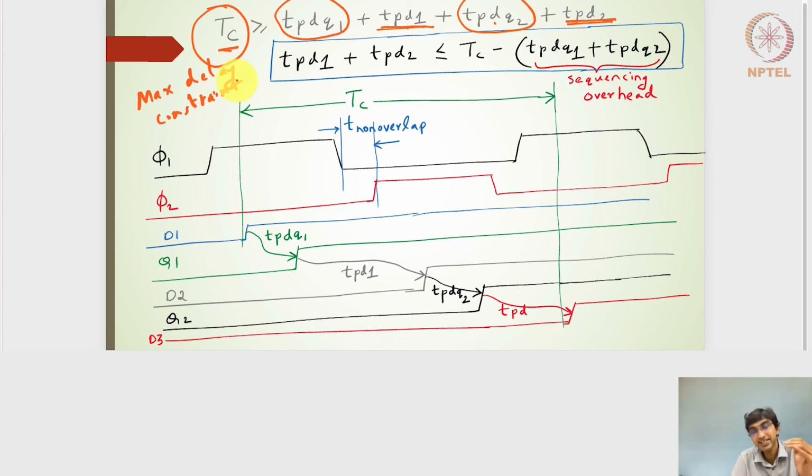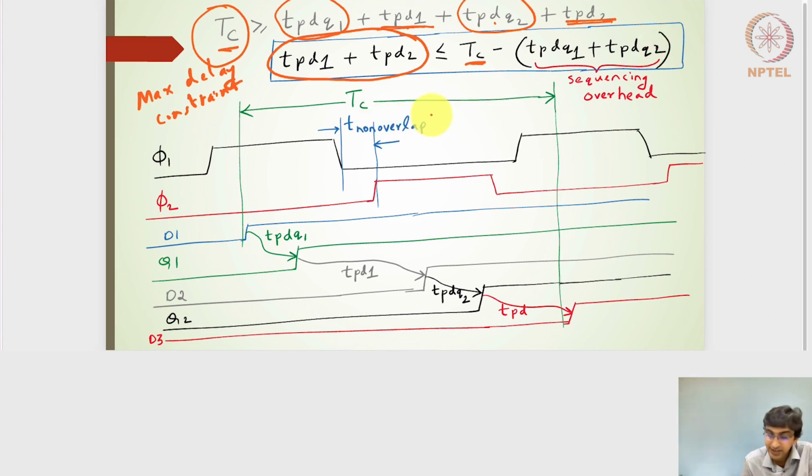And then the 180-degree phase shifted clock is provided to latch number 2, latch number 4, latch number 6, and so on, all the even latches. If we have to design the combinatorial circuits, and the time period is given, then the maximum delay should be TC minus (TPDQ1 plus TPDQ2).